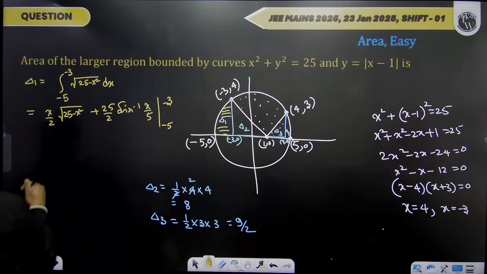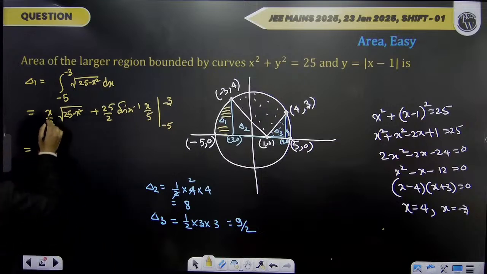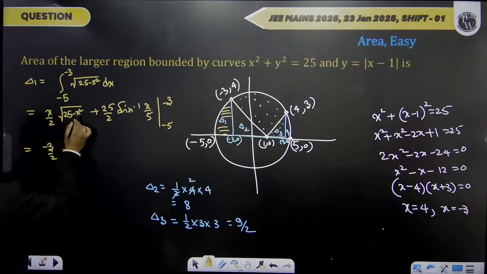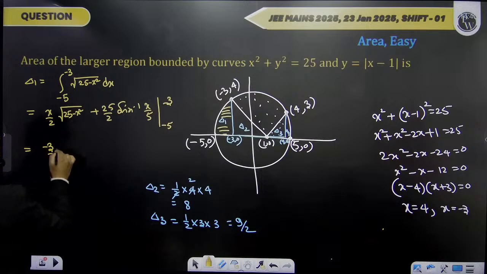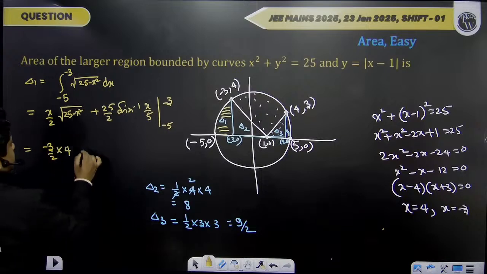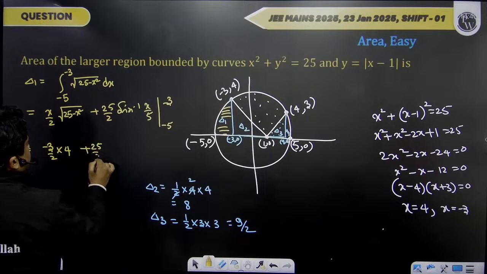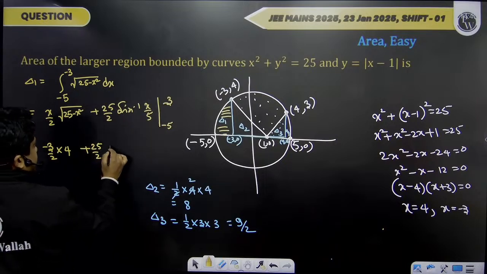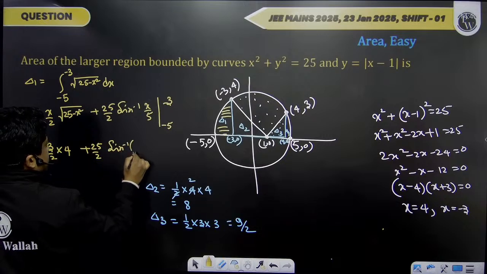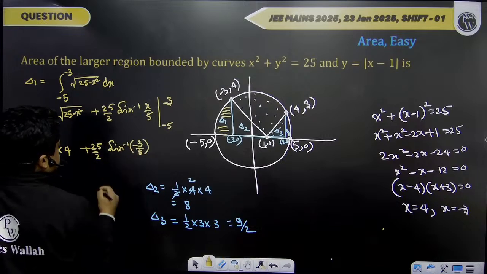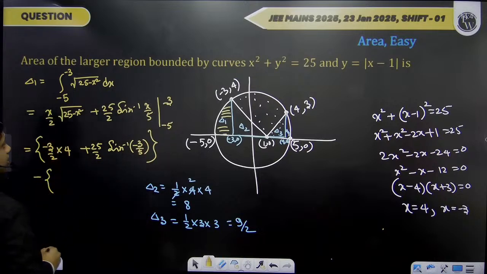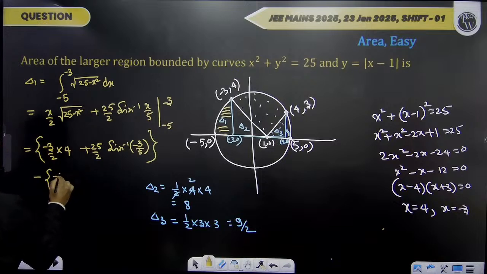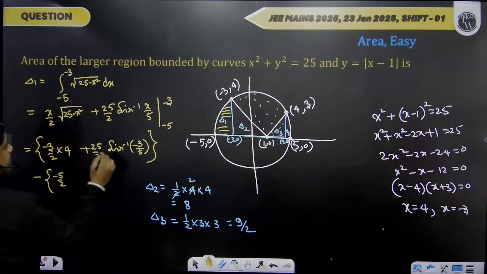So let's put the limit. So when I put x equal to minus 3, this will become minus 3 upon 2, 25 minus 9 is 16, so it will be into 4, right? Plus 25 by 2 sine inverse of minus 3 by 5, then minus of, this will be 0.